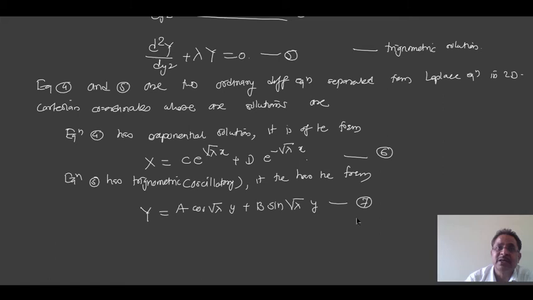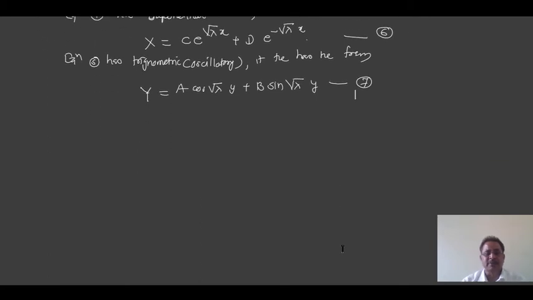So these are the standard solutions of equations 4 and 5. Thus from equation 1 we have separated two ordinary differential equations whose solutions are known, and therefore the general solution of the Laplace equation will be, okay, so write the final statement.